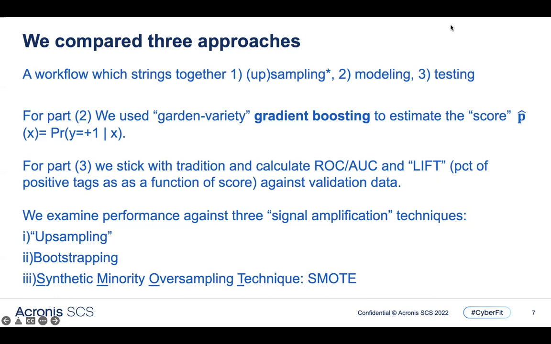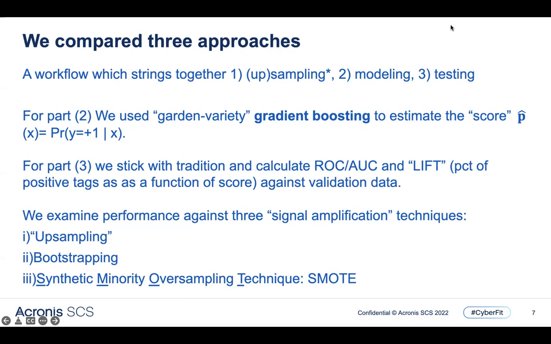And the lift is a common metric which represents at every level the percent of positive tags up to that level as a function of the score. And we do that, of course, in the testing against holdout data or validation data.